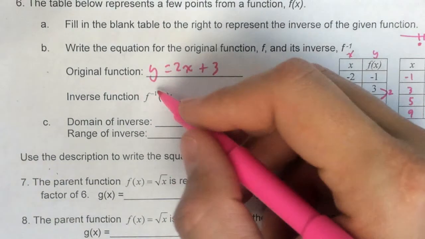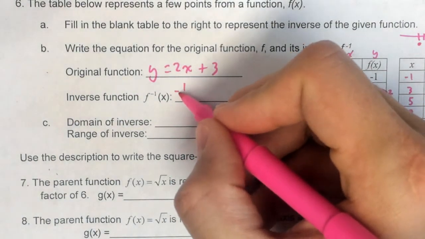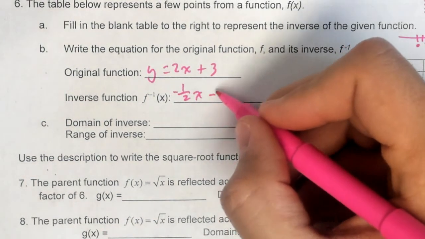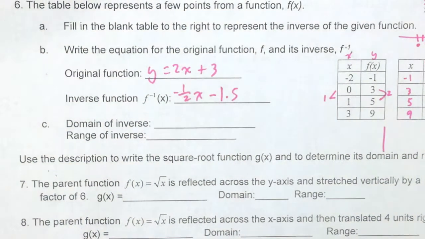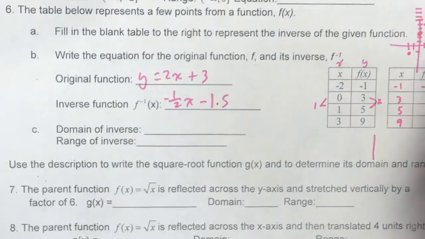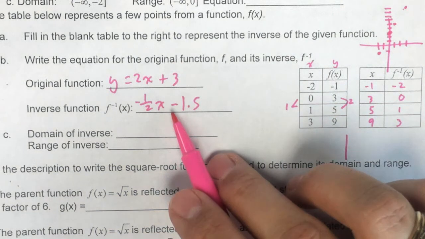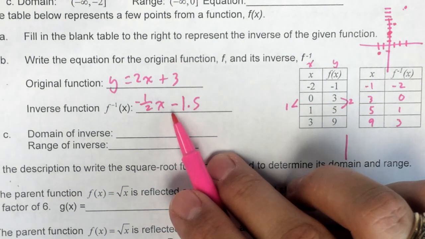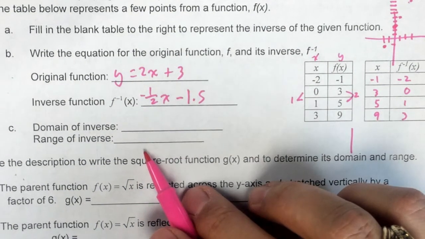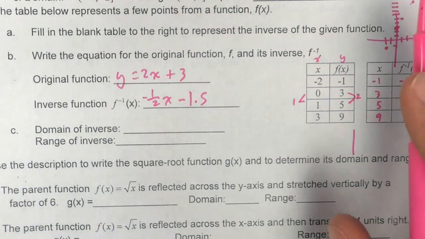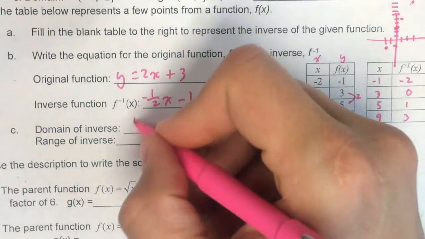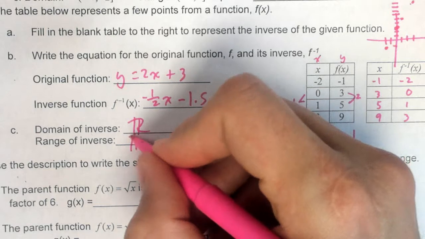So -1/2 x minus 1.5. Alright, since it's linear functions, the domain and range of linear functions are all real numbers. I don't know why that would be on here.